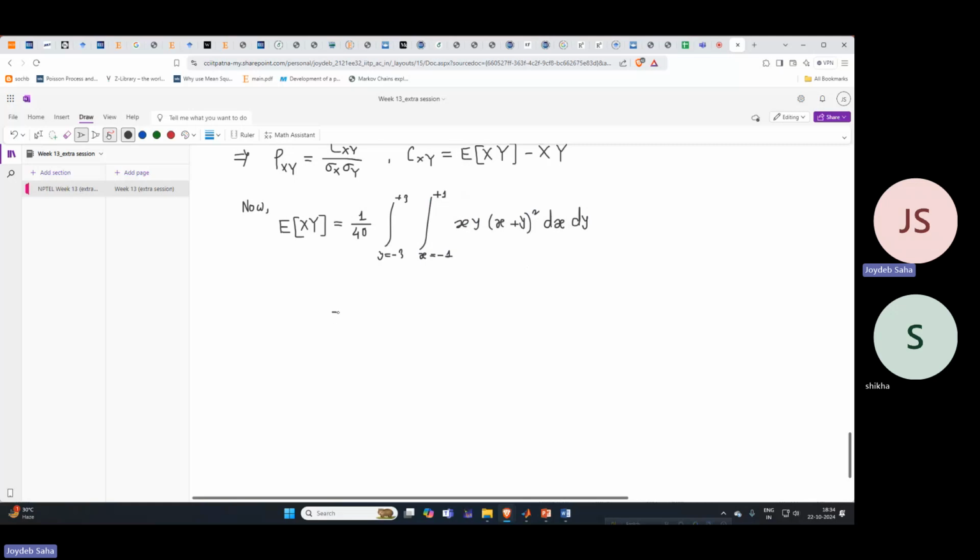so let's solve this. This will be 1 upon 40. Y limit is y is equal to minus 3 to plus 3.